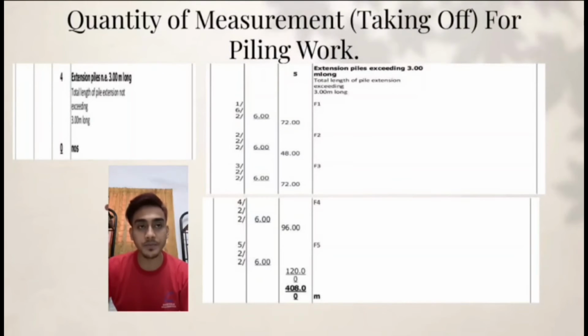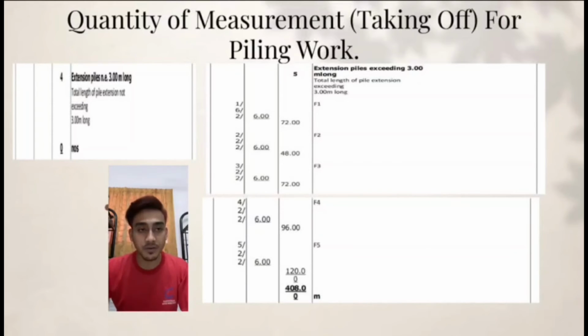Next is number 4, extension pile not exceeding 3 meter long. For the total length of pile extension not exceeding 3 meter long, we have 0 nos.